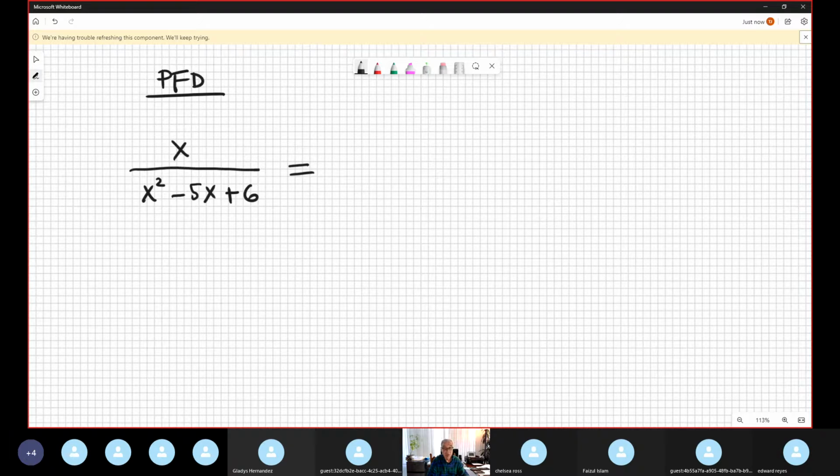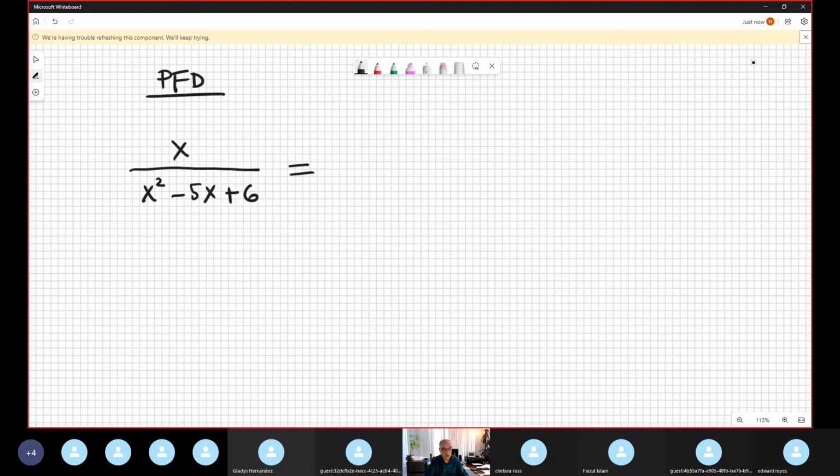LCD. But before the LCD, Chelsea, what should I do before the LCD? You are doing something important. She says, find the LCD. But do you factor the denominator expression or not? Oh, so I figured out the degree.